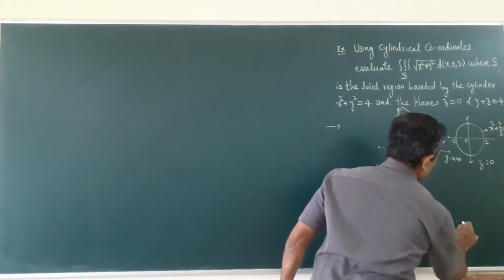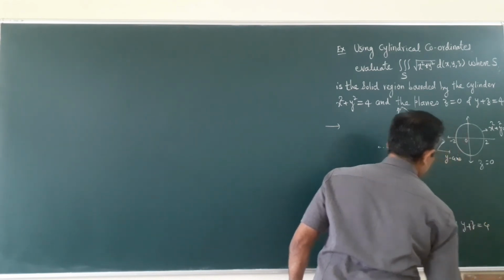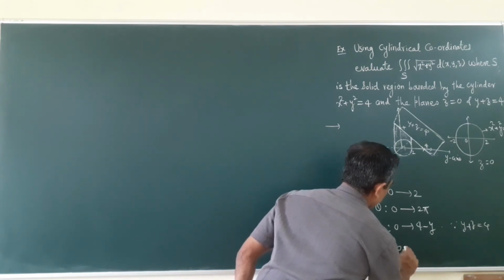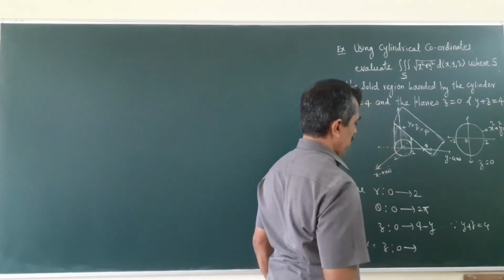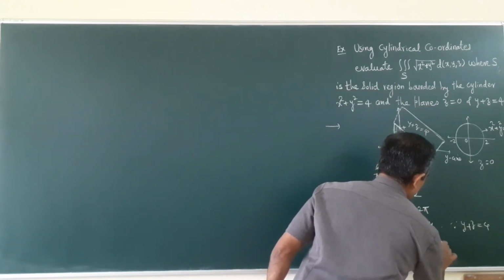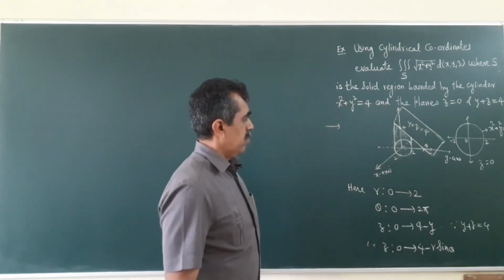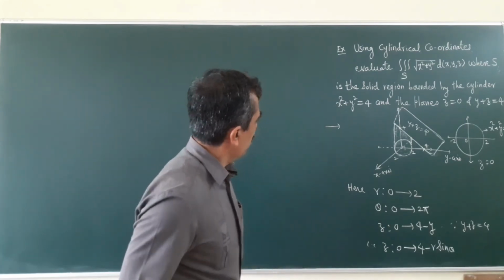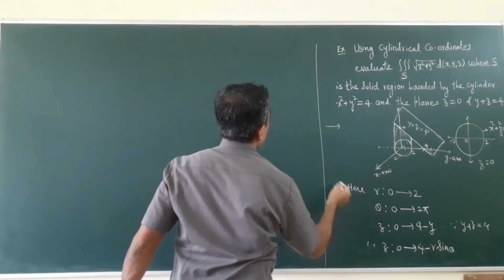Now in cylindrical coordinates, what is y? So z runs from 0 to 4 minus r sin theta. These are the limits.